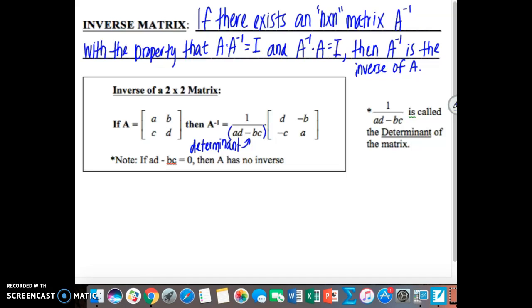And that's multiplied by the matrix D, negative B, negative C, A. Notice that the A and the D just switched spots, and the B and C became the opposite sign. So if they're positive, they become negative. If they're negative, they become positive.